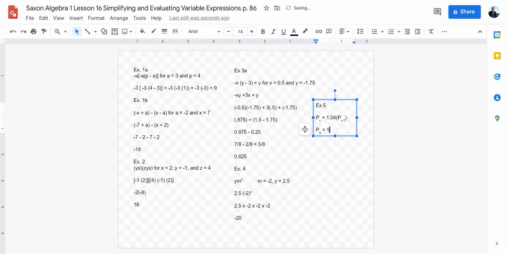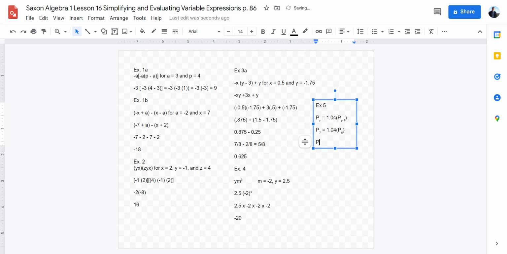All right, and then it's going to be 1.04. Okay, so I know the principal in year 6. The principal in year 7 is going to be 1.04 times the principal in year 6, and let's go ahead and do that math. So P_7 equals 1.04 P_6.